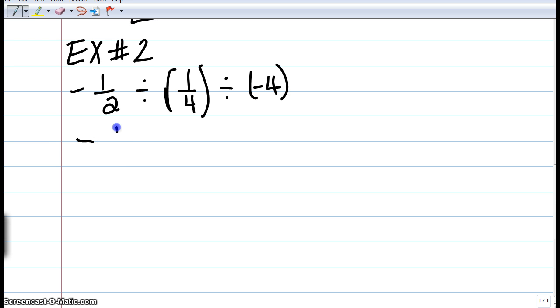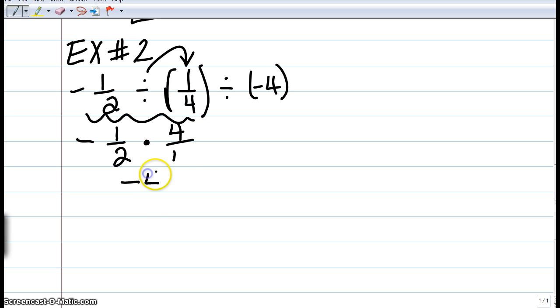So we're going to take the reciprocal and multiply right here. I'm going to look at this one first. I'm going to go from the left to the right. So I have negative 1/2 times 4 over 1. And we would get negative 4 over 2, which reduces down to be negative 2. So this whole thing right here is now negative 2.